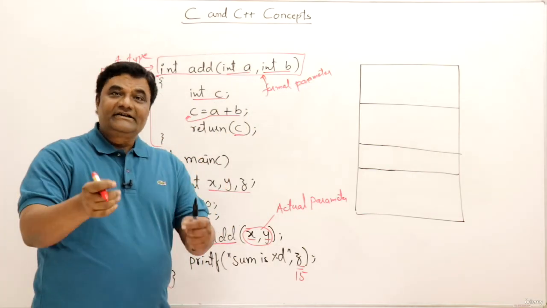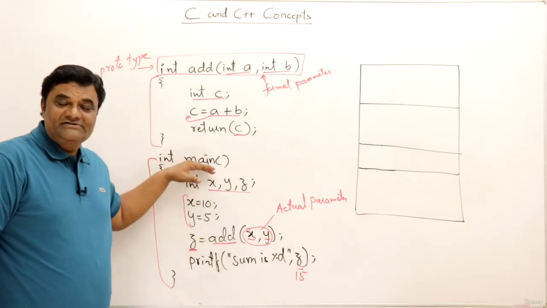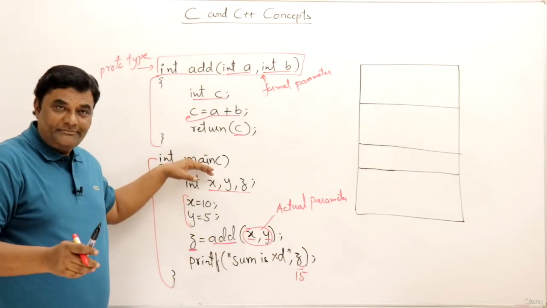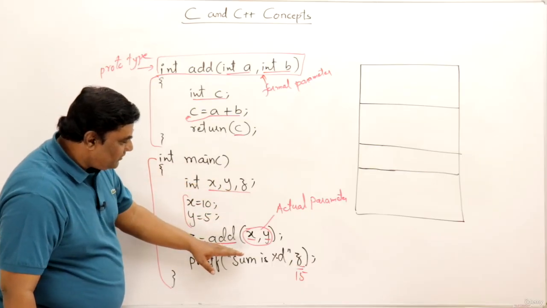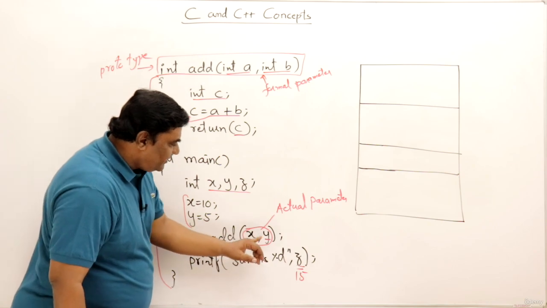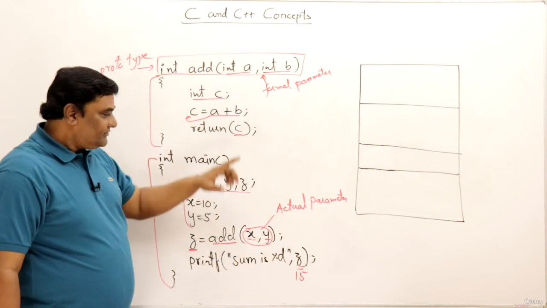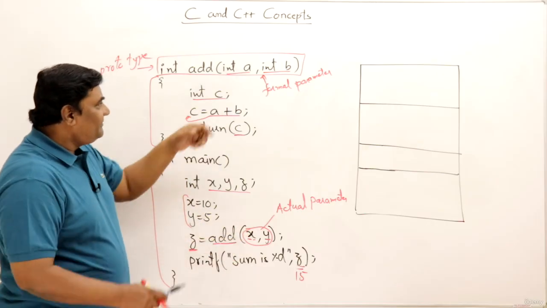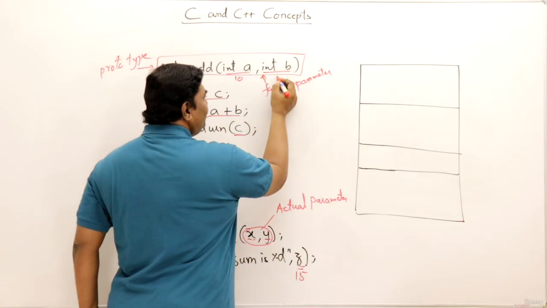Now let us understand the working once again. This is the main function. Program starts from here, the starting point of a program. Three variables are declared. Values are assigned. Function is called, so the control goes here. And when the control is transferred, the values of actual parameters are copied into formal parameters. So the x value, that is 10, is copied in a, and 5, that is the y value, is copied in b.